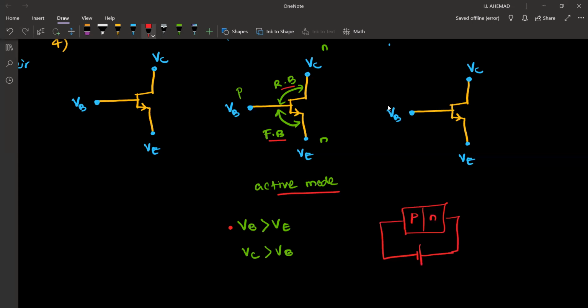That means for the N region the voltage has to be high and for the P region the voltage has to be low. Then only it is reverse biased. So this condition has to be satisfied.